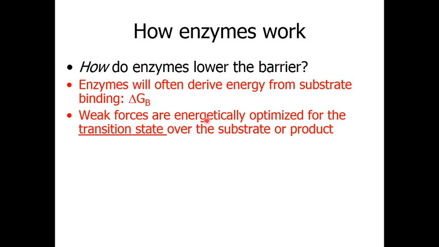So weak forces, as we have seen before in the protein function chapter, when a substrate binds to an enzyme, it binds via weak interactions. And weak interactions are energetically optimized for transition state. So it is indeed the transition state of the reaction that is binding to the enzyme and leading to a product. Let me explain this to you in much more detail.